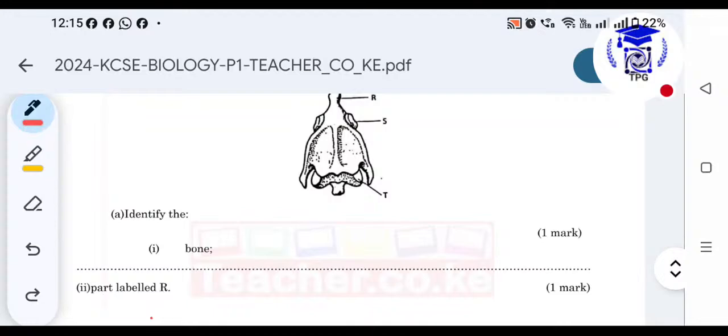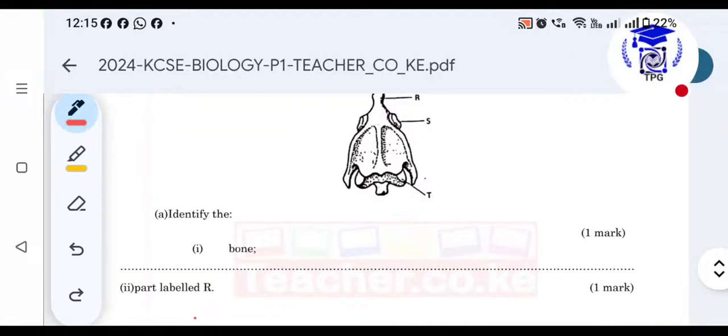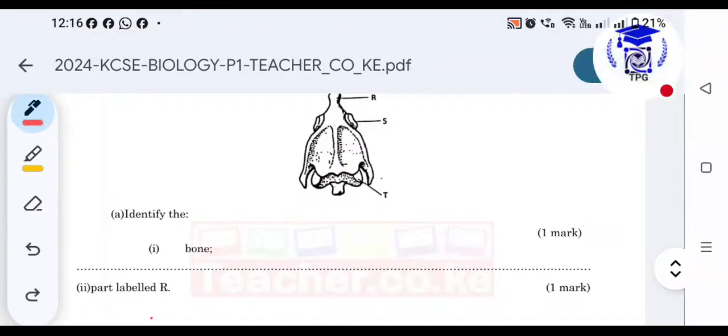That is number 1. It is part of the cervical vertebrae, the neck region. But within that neck region, which bone is it to be specific?